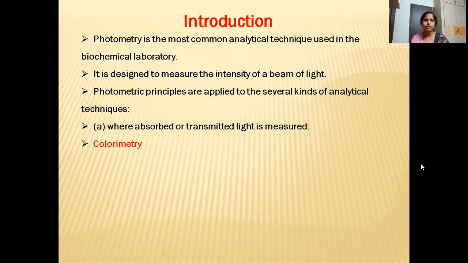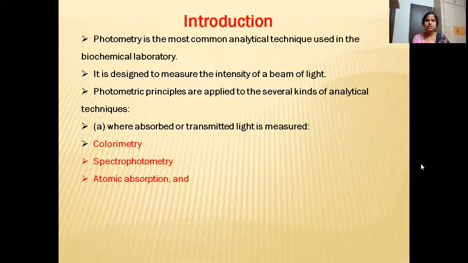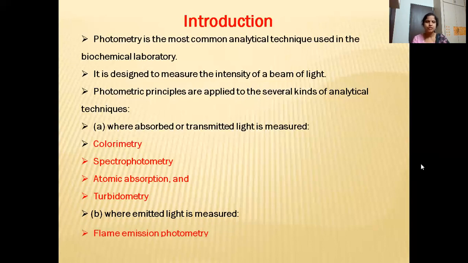If we want to measure absorbed or transmitted light, we can use colorimetry, spectrophotometry, atomic absorption, and turbidometry. And we can also measure the emitted light, for which the technique used is flame emission photometry.